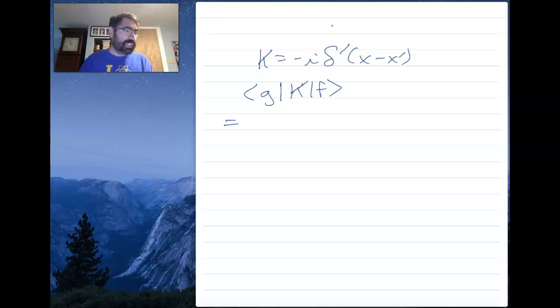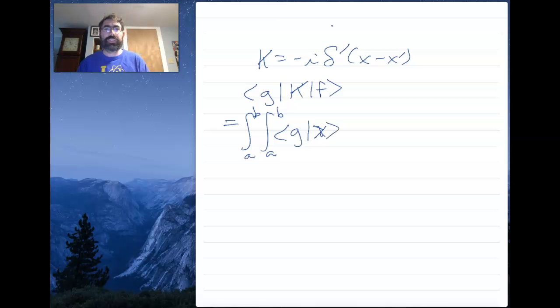Well, we would get a product. We could actually get two integrals. The first is we would look at how g is written on the x basis, and how x prime, or f, is written in the x prime basis.